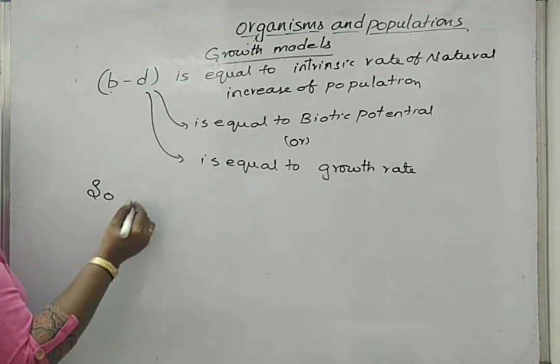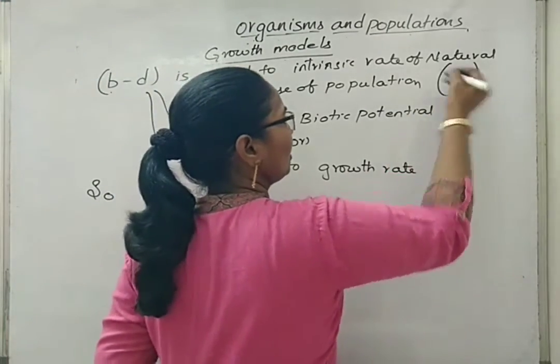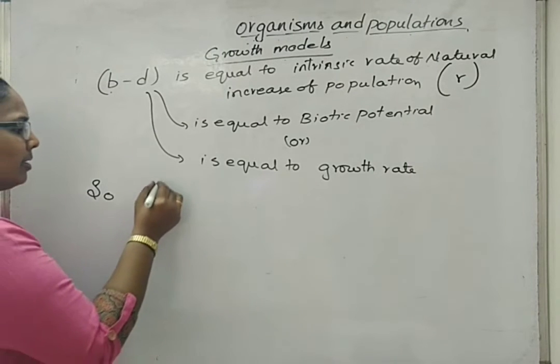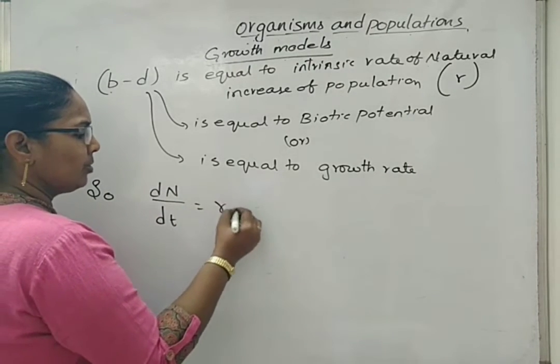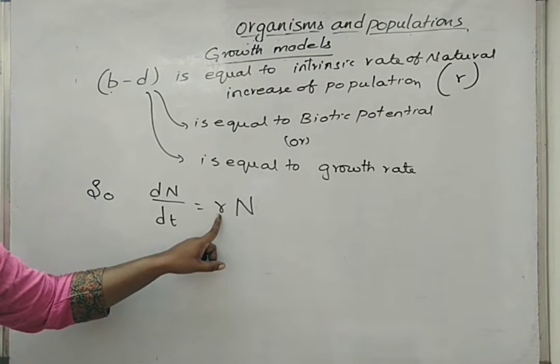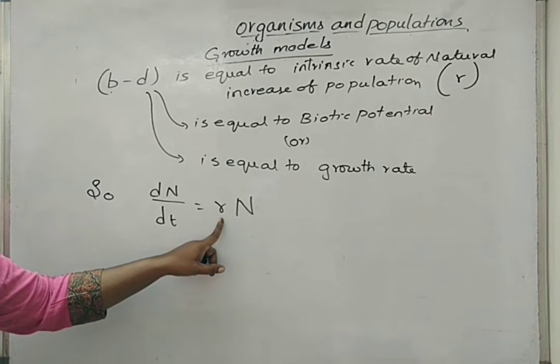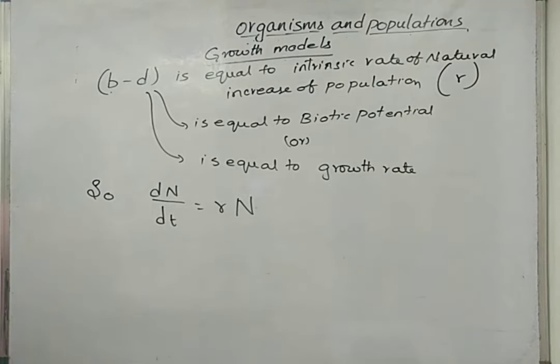This is indicated with the symbol small r. So we can write the density of the population in a time period as equal to small r and capital N, meaning the intrinsic rate of natural increase of the population with that of the total size of the population.